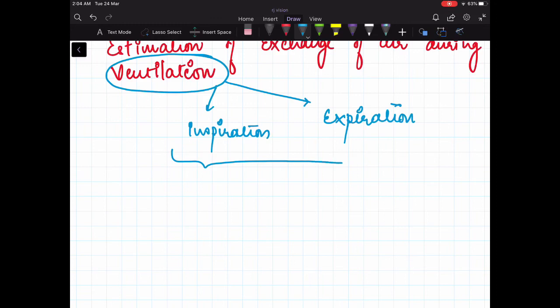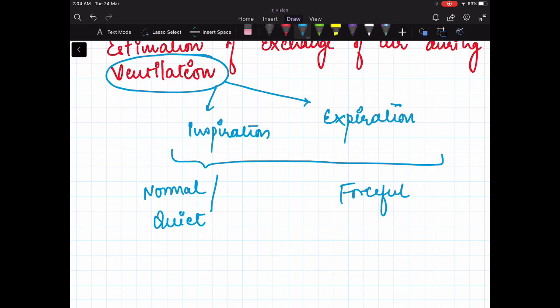Whether it is inspiration or expiration, it could be one of two things. Either it is the normal inspiration or expiration, what we call quiet inspiration and expiration, or it could be forceful inspiration and expiration.